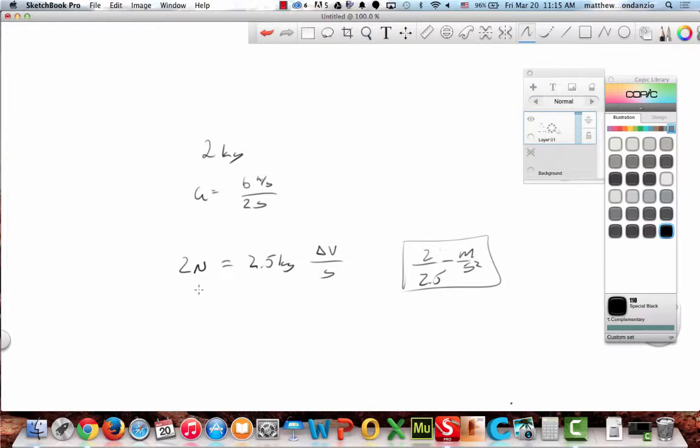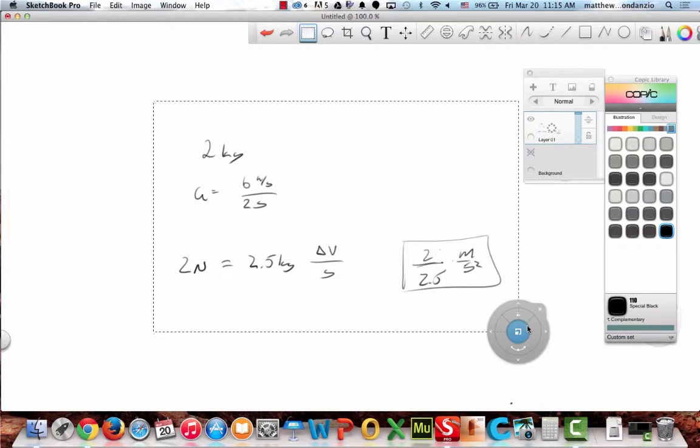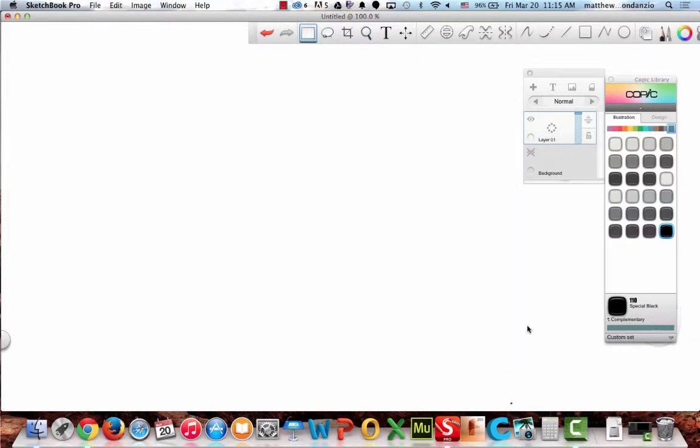Okay? Is that cool? Everyone with me? We'll deal more with that in a little bit. So Newton's second law is F equals ma. Newton's first law is, what's Newton's first law, guys?